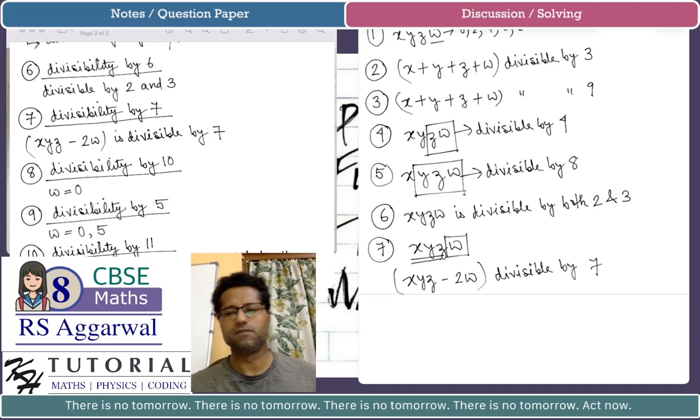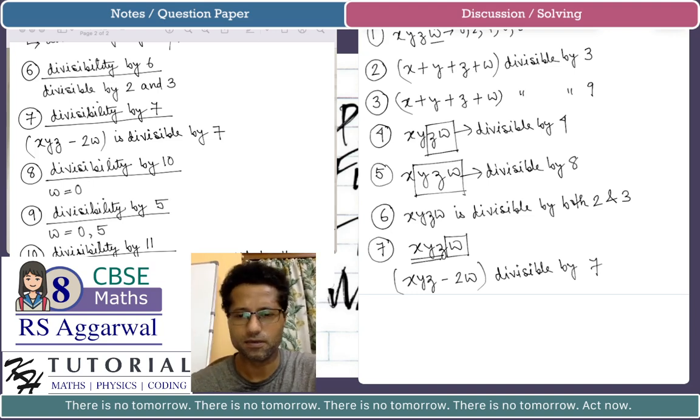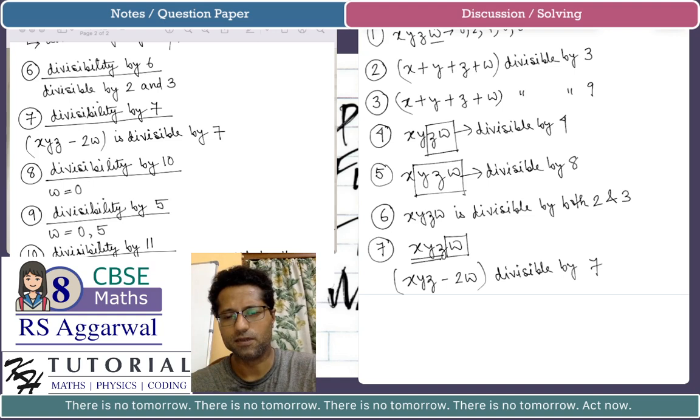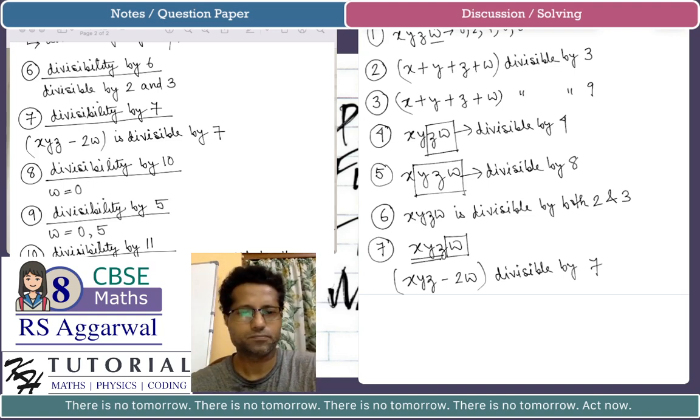If this number is divisible by 7, then you can say that the original number XYZW will be divisible by 7. Now, in the notes, you might be confused by the fact that XYZ minus 2W. XYZ is a three-digit number. It would be larger for a larger-digit number.